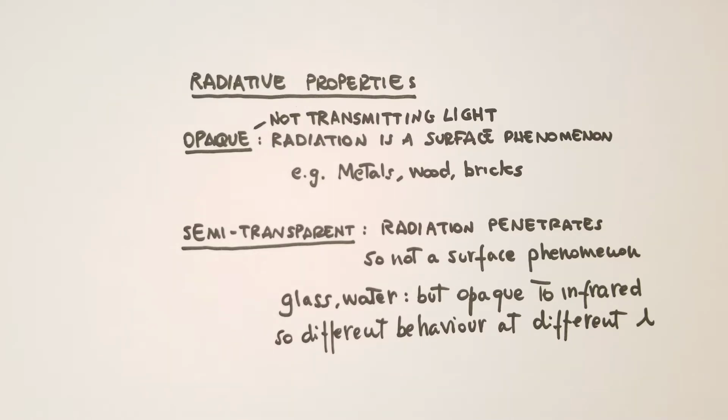Glass and water are semi-transparent materials, but they are opaque if the infrared portion of the electromagnetic spectrum is considered. So this means that materials behave in different ways in different portions of the electromagnetic spectrum.